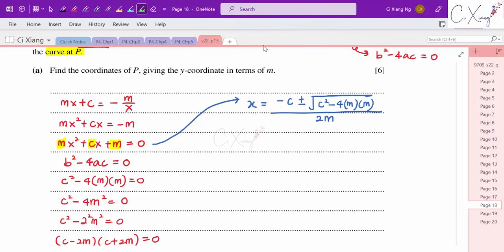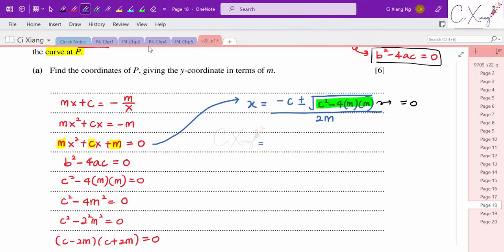Okay, now let's have a look at this particular term here, c squared minus 4m squared. This one equals 0. Why? Because it is actually b squared minus 4ac. c squared means b squared, right? Minus 4, a is m, c is also m. Therefore, I know that this value is 0.